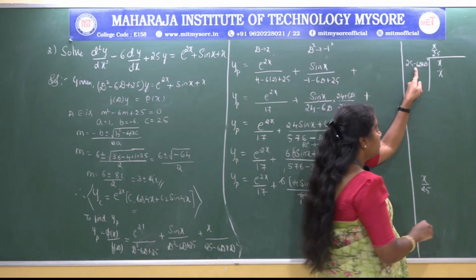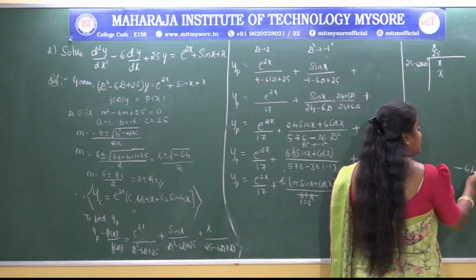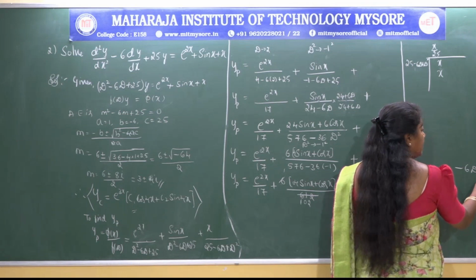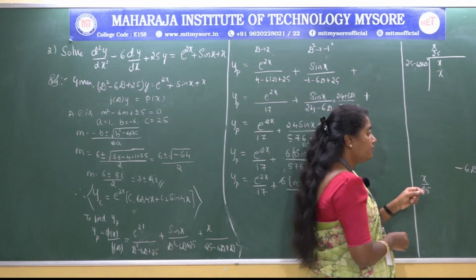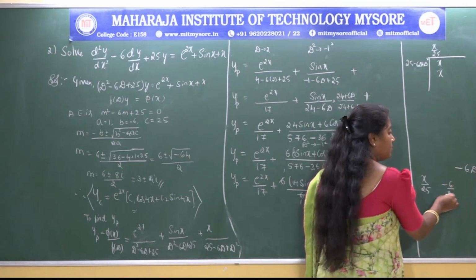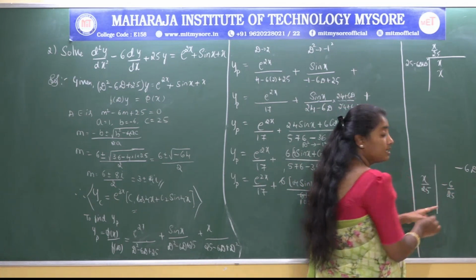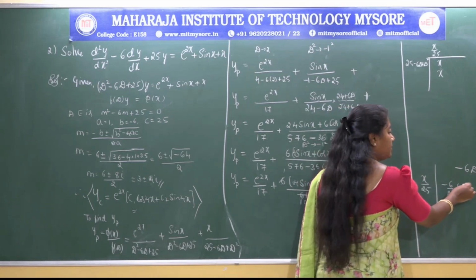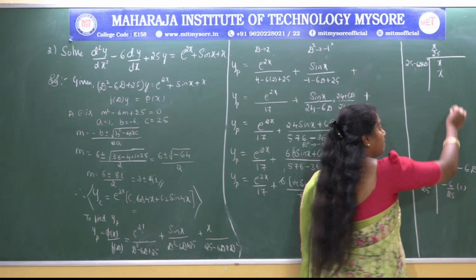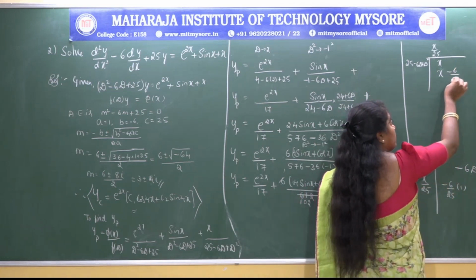Next, the second term, we have here minus 6d of x by 25. Minus 6 by 25, writing as it is, minus 6 by 25, the differentiation of x is 1. So the remaining element is minus 6 by 25.